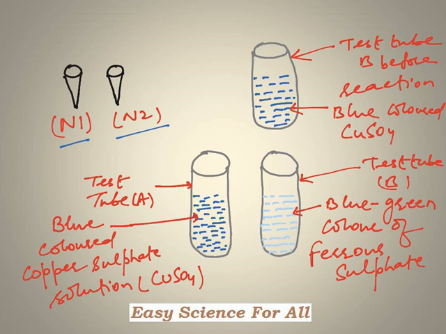I also took two test tubes, one marked as A and other as B, and both of them were containing 10 ml of copper sulfate solution. Then I took this nail N2 and immersed it in copper sulfate solution in this test tube B, like this.